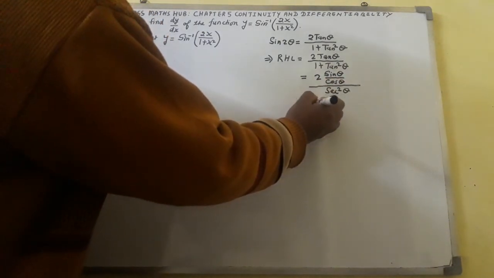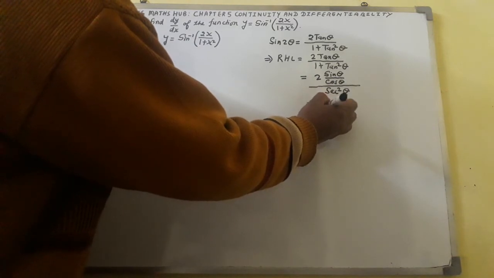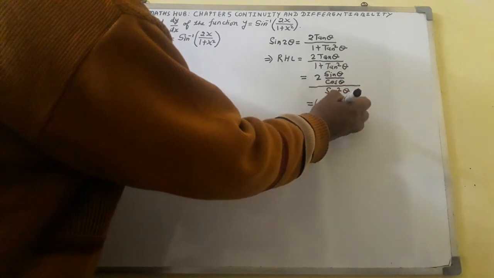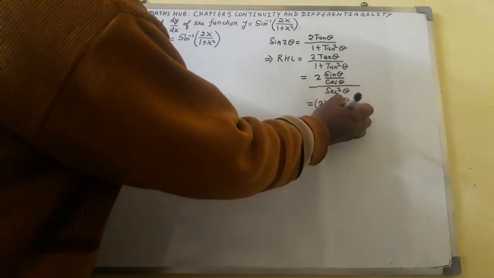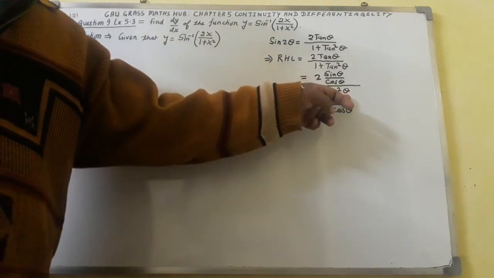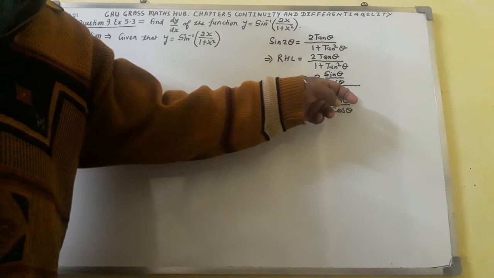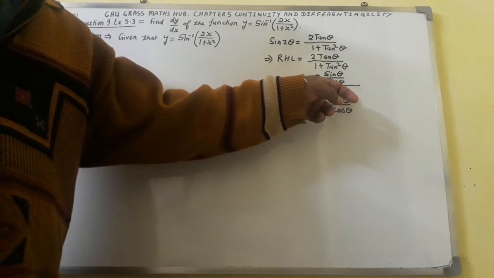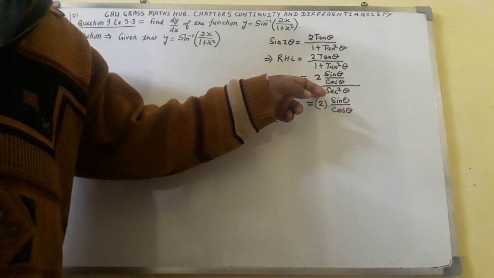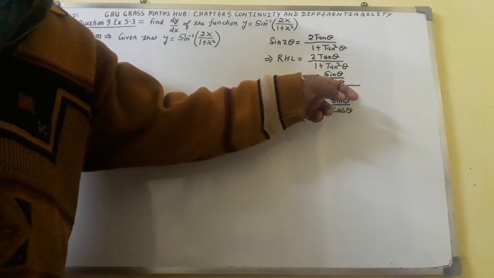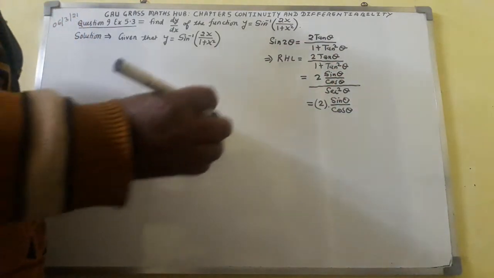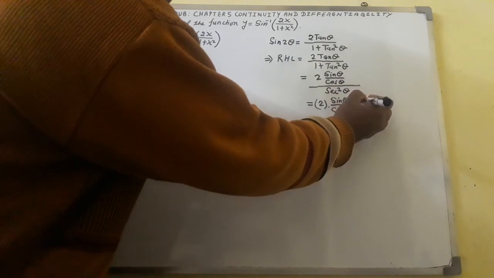It will become 2 dot sin theta over cos theta. This sec square theta is there in the denominator. That will move back to the numerator. It will become cos square theta.